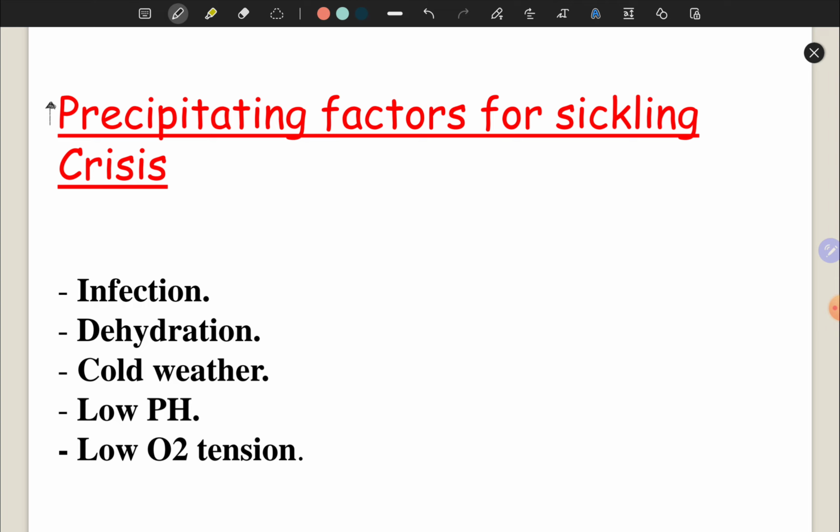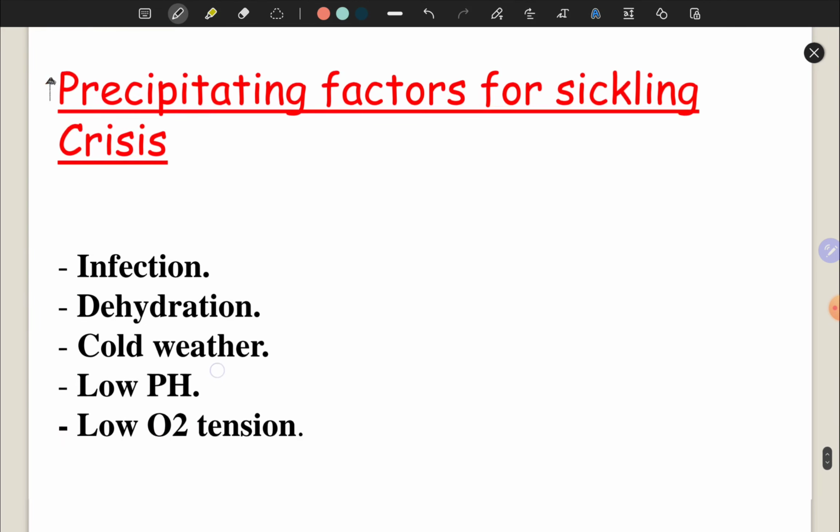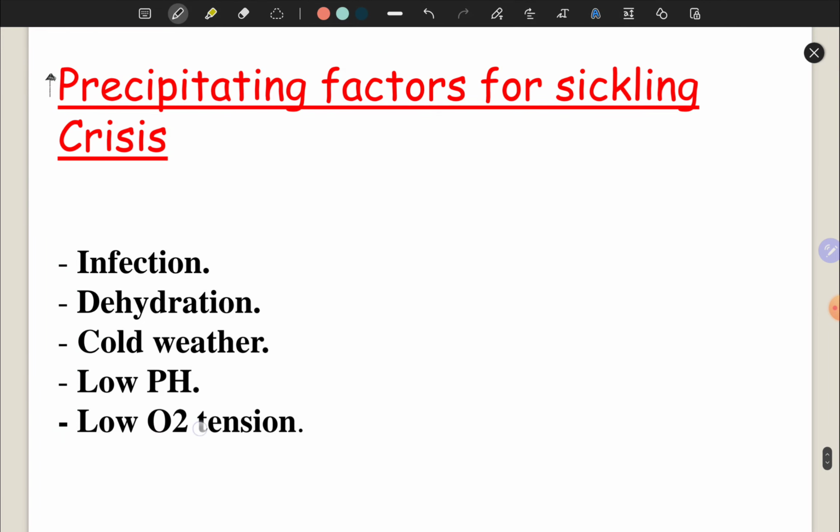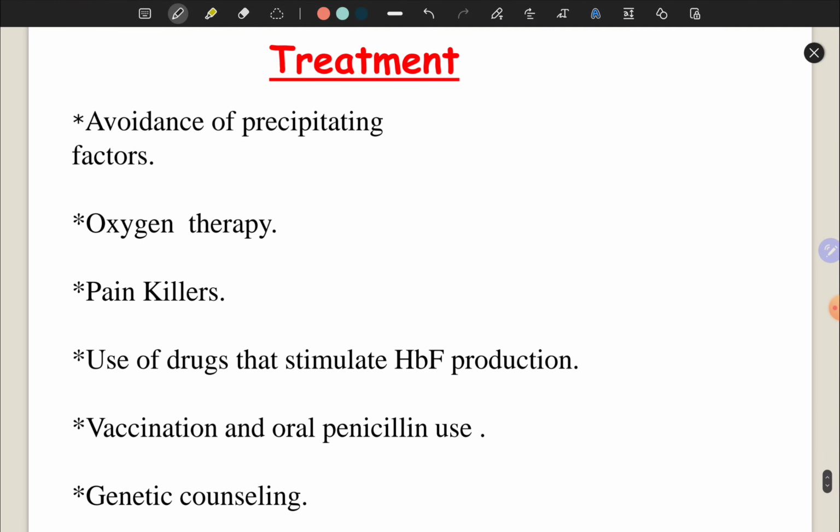In areas where sickle cell anemia is prevalent, carriers were not accepted as soldiers in the army service. Because of these complications, they said that renal complications are higher in patients with sickle cell trait in comparison to the normal population, and there's sickling in the renal circulation, of course after exposure to extreme conditions.